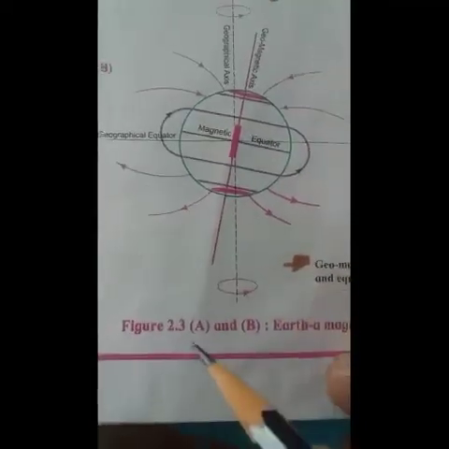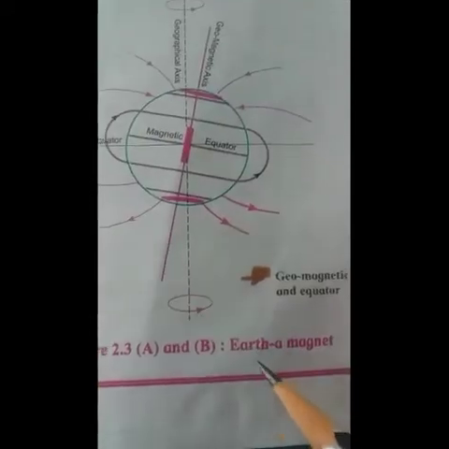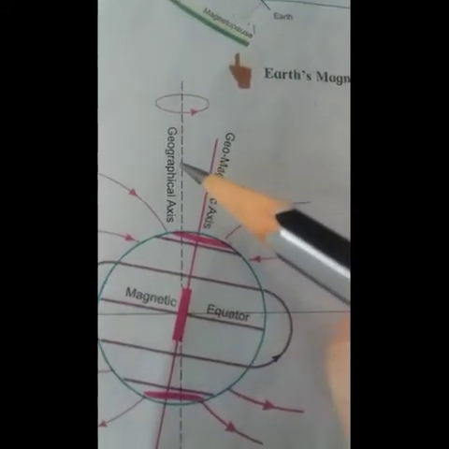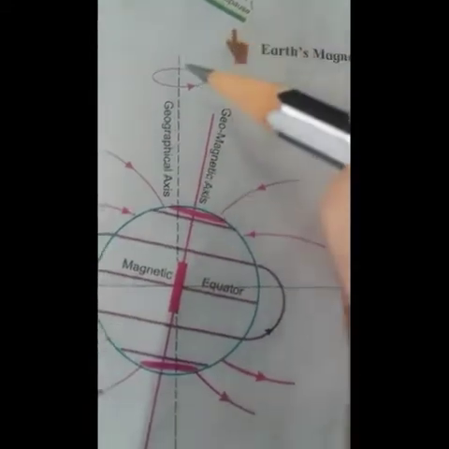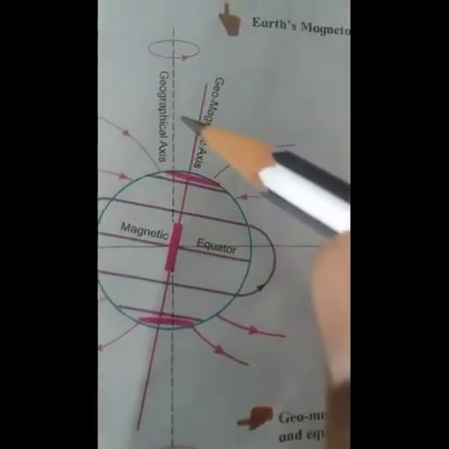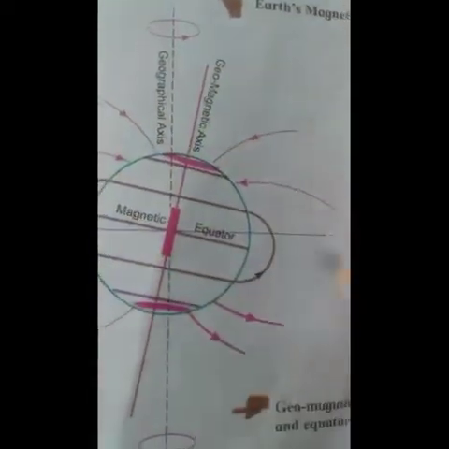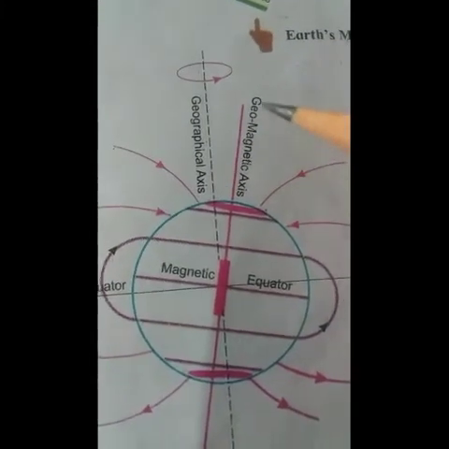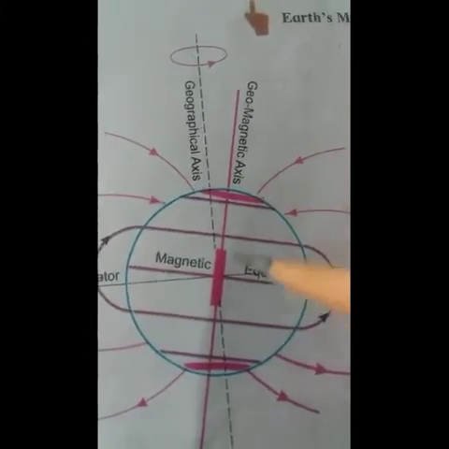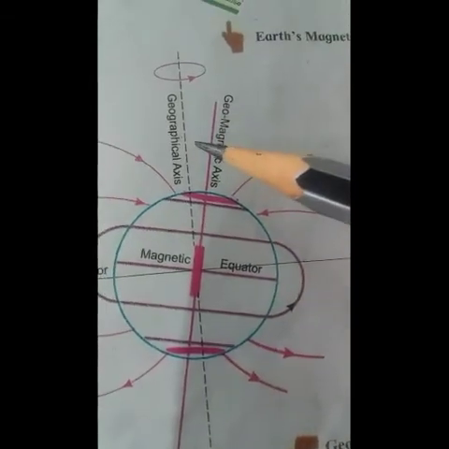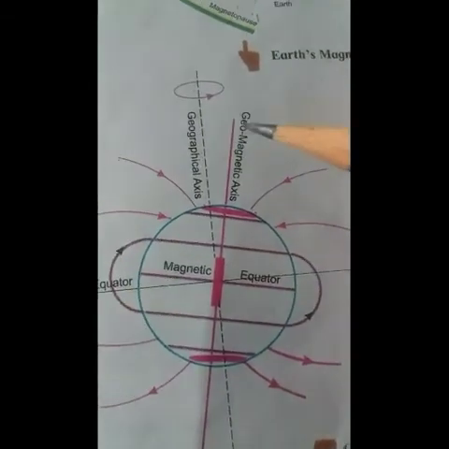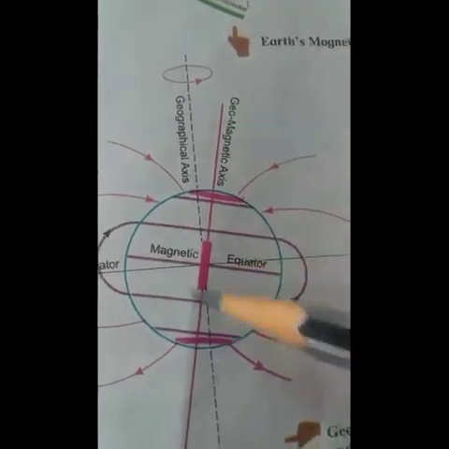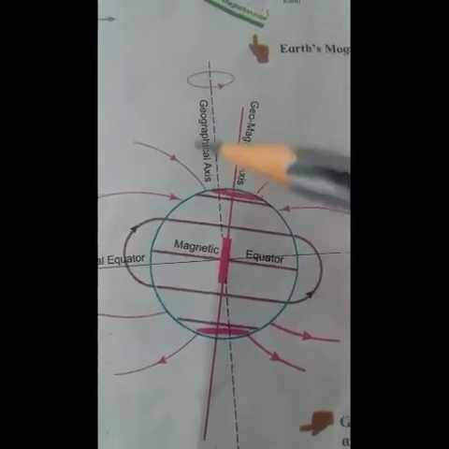And now look at this figure number 2.3b, Earth, a magnet. This is a geographical axis. Earth rotates on its axis. And this is a geomagnetic axis. Geomagnetic axis is defined as the location of strongest vertical magnetic field.